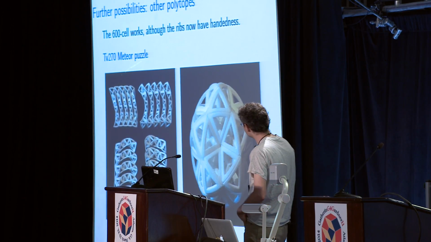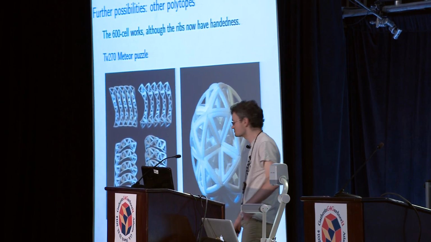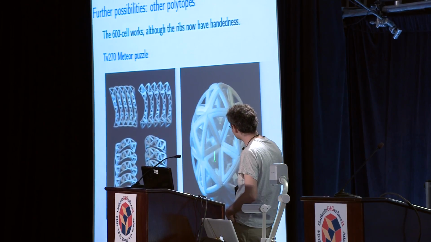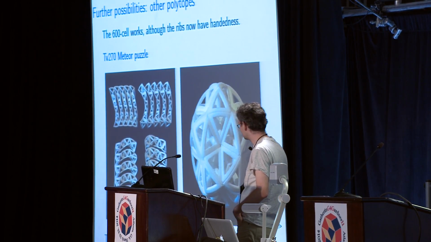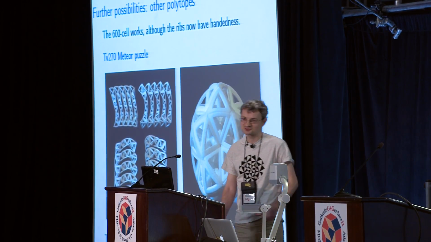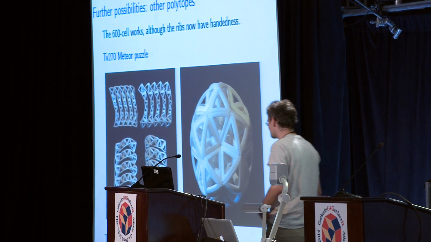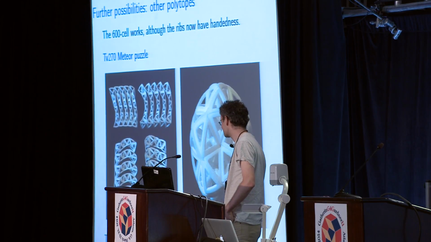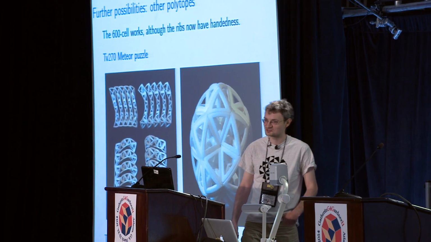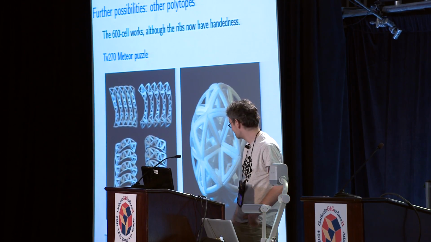This time the ribs have handedness. Previously they had mirror symmetry, but these 20 pieces come together to form this. And nothing else works. None of the other polytopes have enough cells to do anything interesting with. It seems that nothing works in Euclidean space and nothing works in hyperbolic space. So this is all you get.